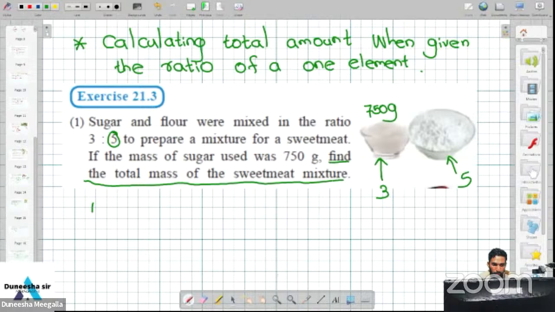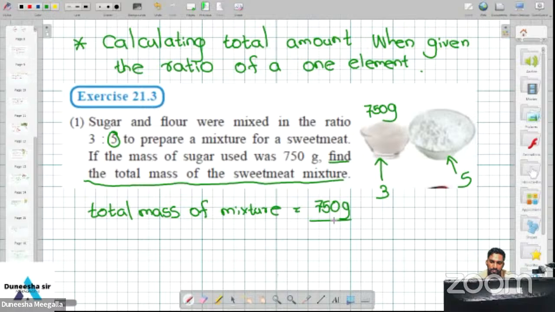Okay. Now we go into total mass. Mass of mixture. Okay. 750 grams. Okay. 750 divide by its ratio. What is the ratio of the sugar? එයාගේ අපි දන්න එක්කෙනාගේ ratio එකෙන් divide කරනවා.